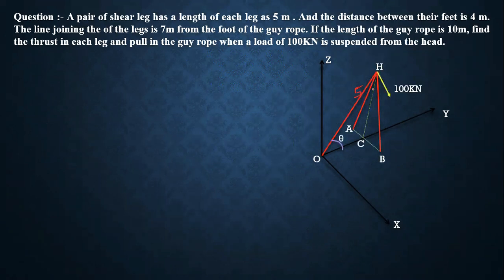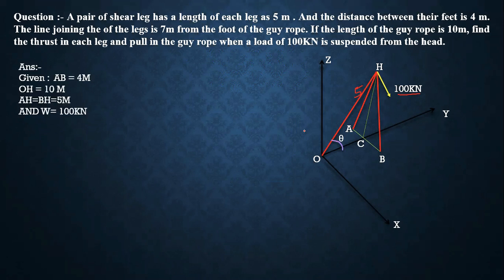If we name this figure, a 100 kilonewton load acts at the head of the shear legs in the downward direction. First of all, we write like this.